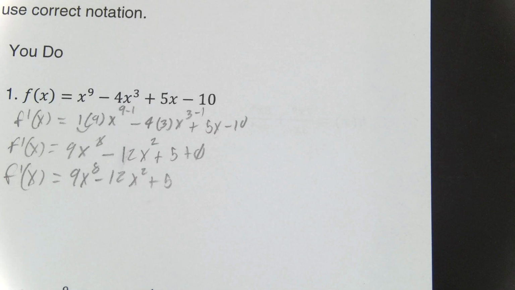So again, one mistake is to just bring down the 5x all the way down, and you didn't put negative 10 as 0. Questions? So then you're not going to make the same mistake again.